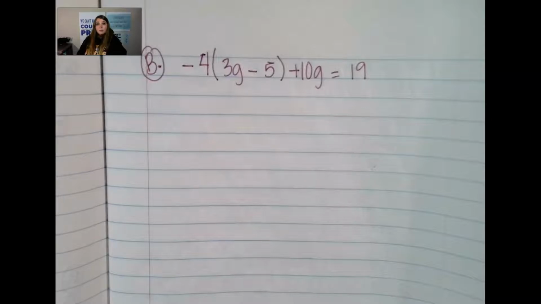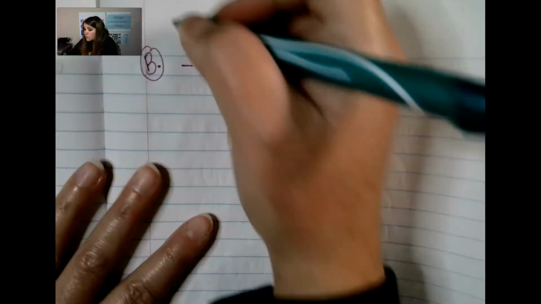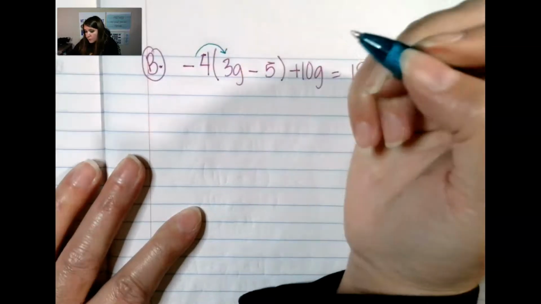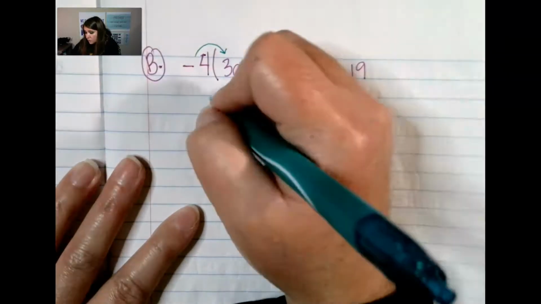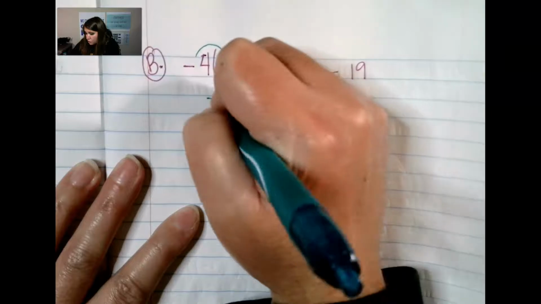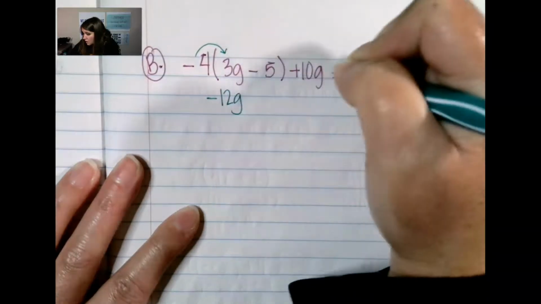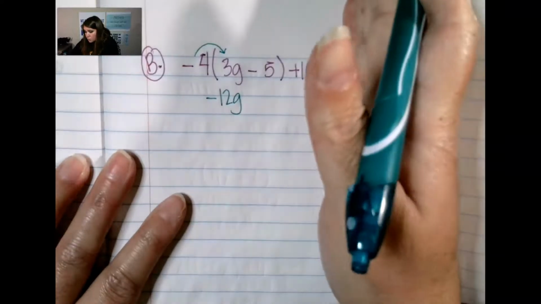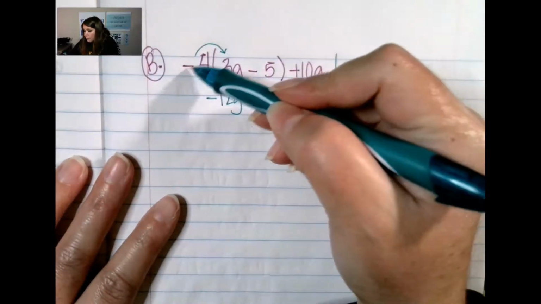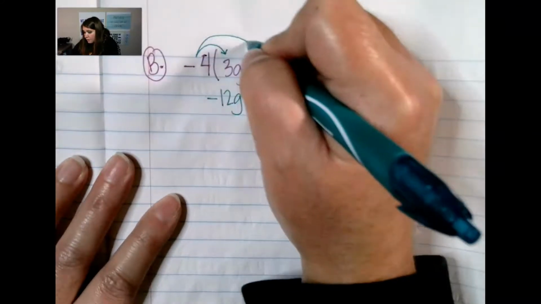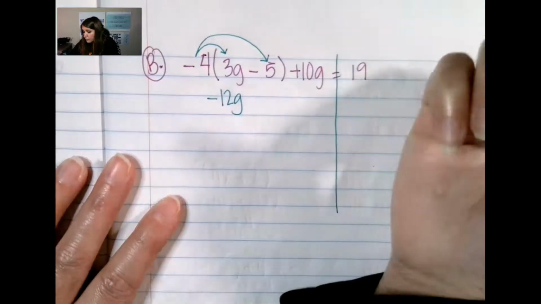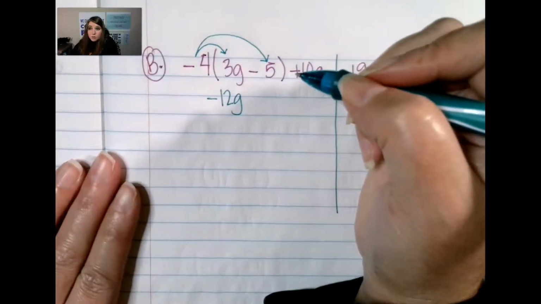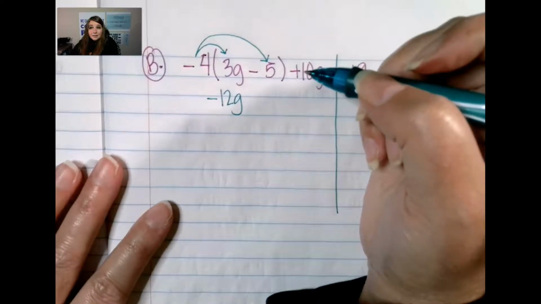So our first step is to distribute. So step 1, distribute. -4 times 3 is -12G. Also, I don't care about the 19 right now, so I'm drawing a line so I don't look at it. -4 times -5, or times 5, and then just put that there, whichever you choose, because it's not adding.